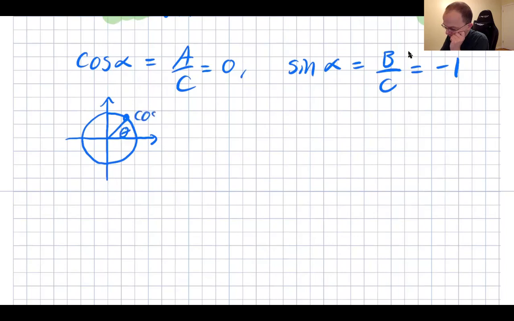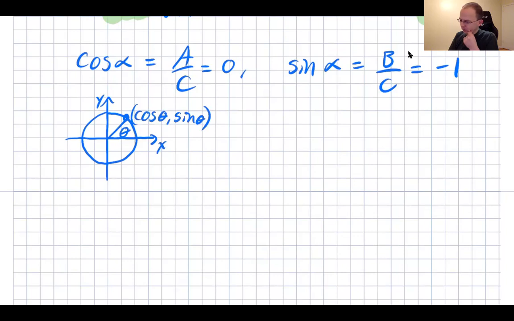So this will be cosine theta, sine theta. Those are the points on the unit circle, indexed by cosine theta, sine theta. So cosine theta is the x-coordinate, and sine theta is the y-coordinate.